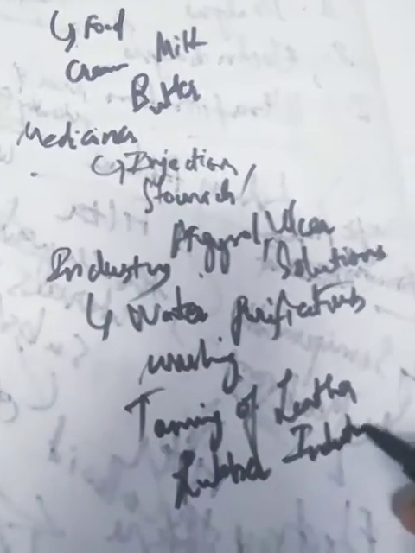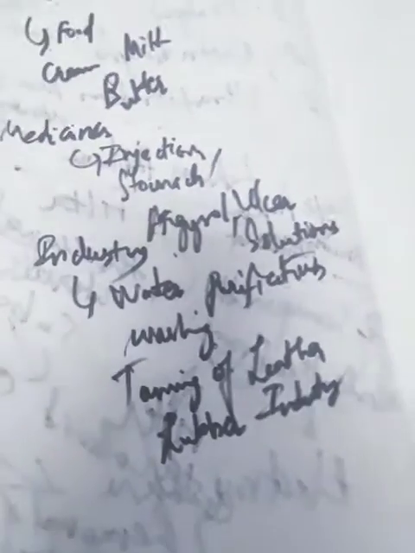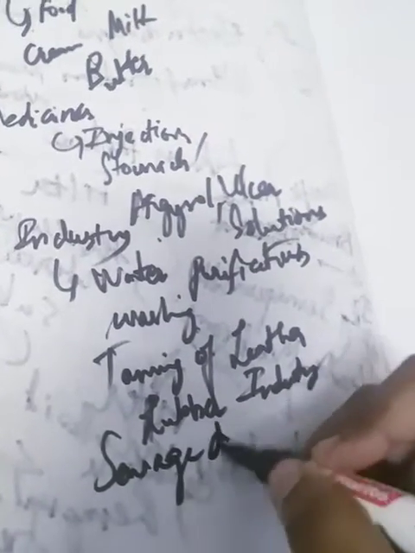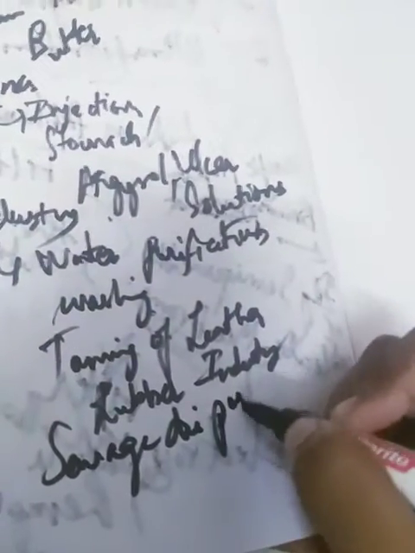The milk of vulcanized rubber, the colloidal substance of vulcanized rubber, can be used for tires and tubes. Then sewage disposal, where liquids can be disposed of. So these are some of the applications of colloids.